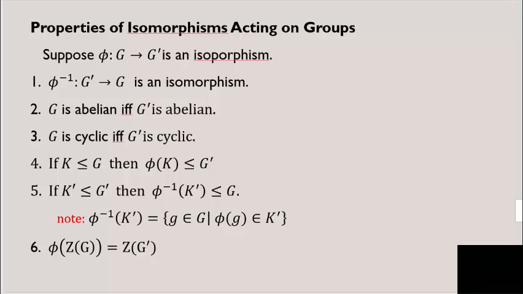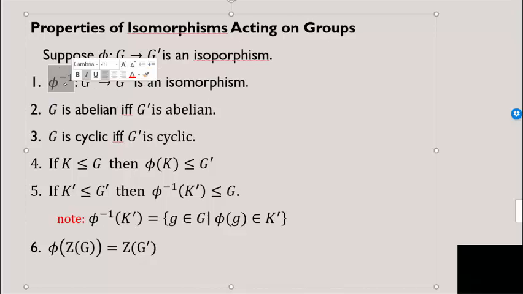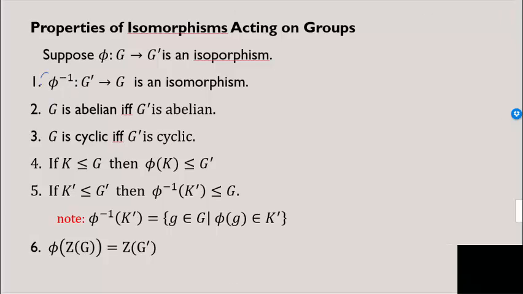Phi is 1-to-1 and onto, so phi inverse exists, and phi inverse is a mapping from G prime to G, and it is an isomorphism. If G is abelian, then G prime is abelian. So two isomorphic groups, if one is abelian, the other is. If one is cyclic, the other is.